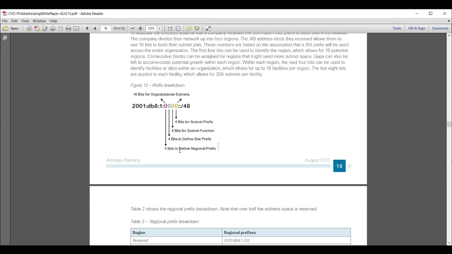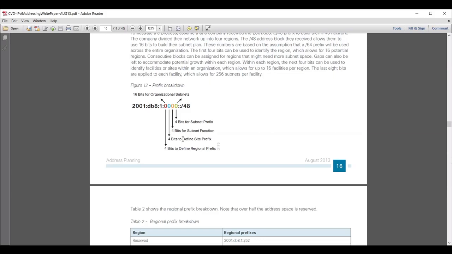Because a single hexadecimal digit has a value up to 16, if you convert it into binary, it can be represented by 4 bits. So all these hexadecimal digits can be expanded to 4-bit blocks, right? Here one hexadecimal digit is 4 bits to define the regional prefix they are utilizing.